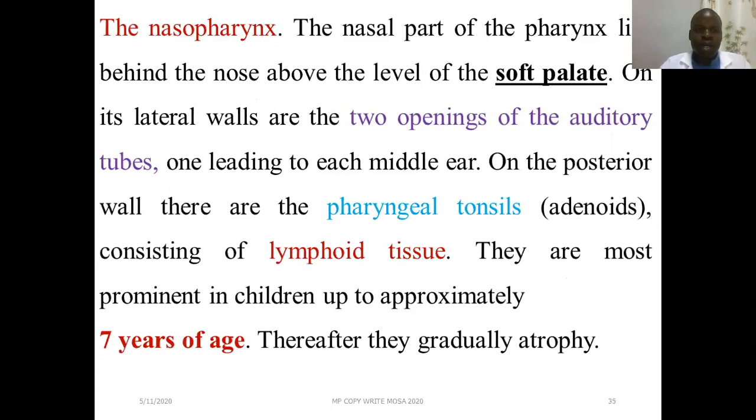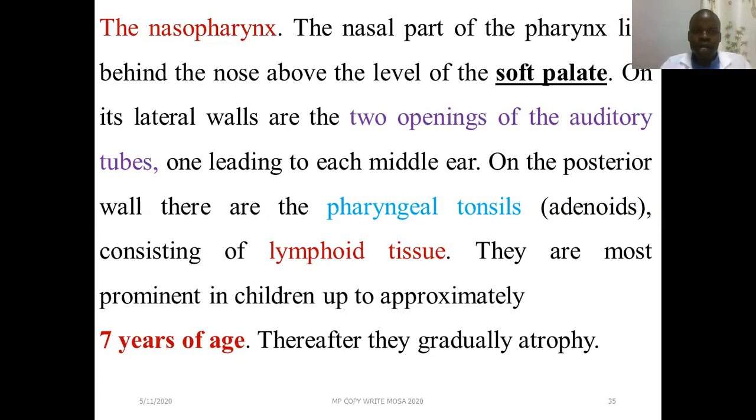Let us look at the nasopharynx. The nasal part of the pharynx is behind the nose, above the level of the soft palate. In the first presentation that we had, we saw where the soft palate is. We are saying behind the nose, above the level of the soft palate, that's where you find the nasopharynx.